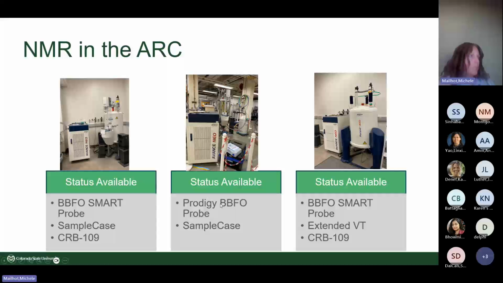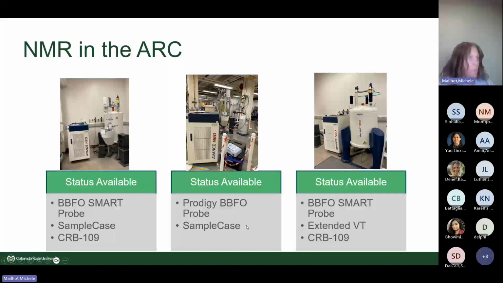And then there's a 400 in the basement of the chemistry building. That system has what's called a Prodigy cold probe. It's a nitrogen cold probe that feeds liquid nitrogen to the electronic components, including the preamp. That actually helps with the sensitivity of the probe, so the probe is very highly sensitive compared to what's over in the other buildings.